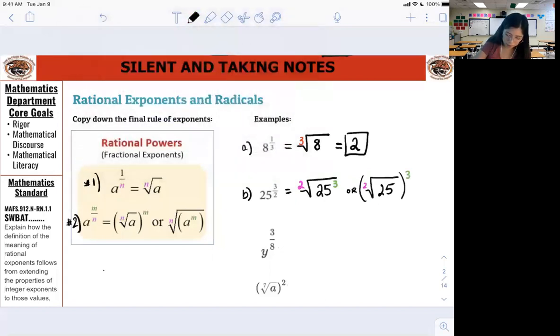Now the reason you can write it both ways is because sometimes it makes more sense to take the square root first and then apply the power. So what does that mean? That means that, take a look, can you do the square root of 25? Is that something we know how to do? Yeah, it is. So I know that the square root of 25 is 5.